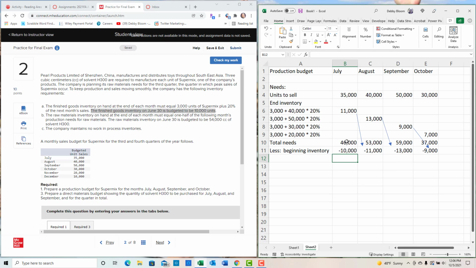Since it's a negative number, this is going to be a little confusing, but I need to add to subtract. Otherwise, if I did B10 minus B11, I would actually get 56,000. So if I take my total needs and subtract the beginning inventory, I come down to units to produce.